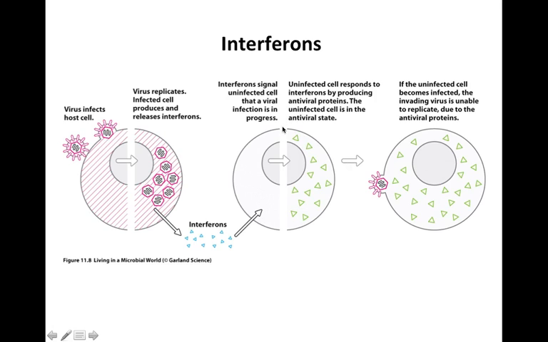What they do is they make these antiviral proteins, so if they ever do become infected with a virus, the virus won't be able to replicate due to these antiviral proteins.